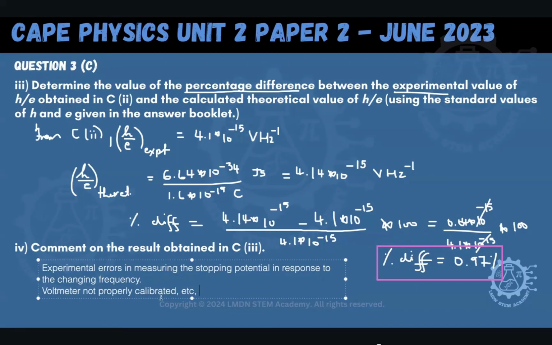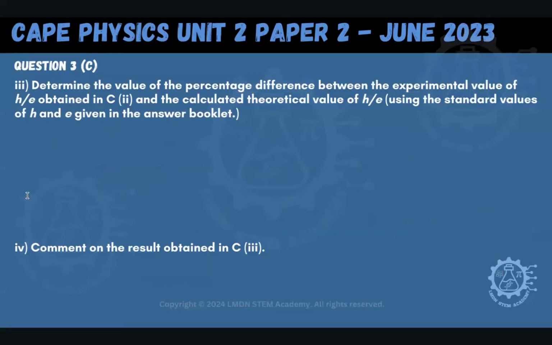So the voltmeter is not properly calibrated, and readings not recorded as accurately as they should be. Those lead to the minor differences that we see here. That's why I would say that a roughly 1% difference between what we see experimentally and the theoretical value is due to that. With that, we're done with this part 5. All right, so let's clear and go ahead.